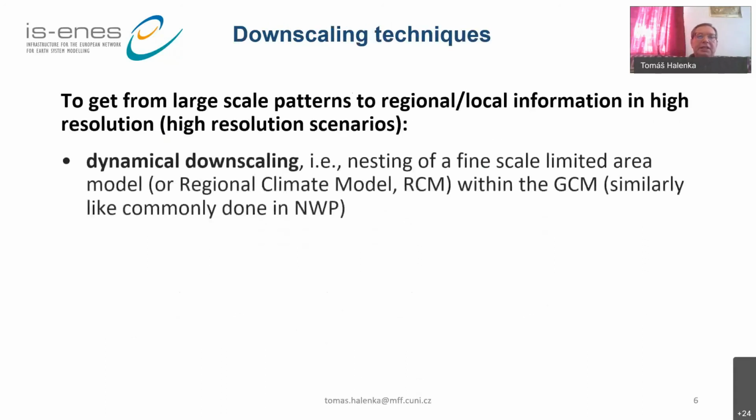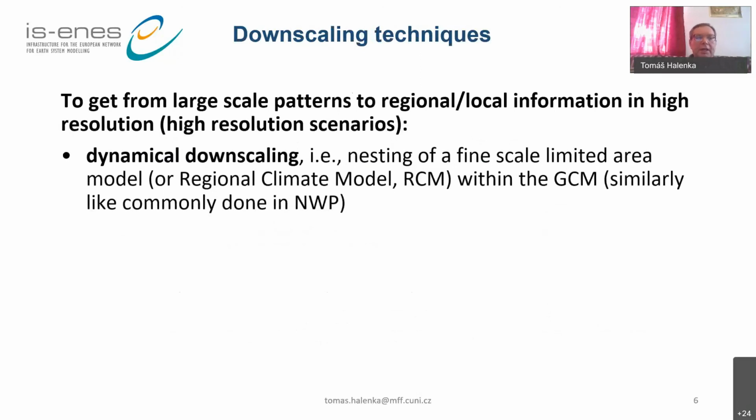Concerning techniques, that's probably quite well known, you have two methods. You can use dynamical downscaling, which means, for those of you who are not so familiar, something like standard weather prediction, done by nesting a limited-area, high-resolution model in climate simulations.